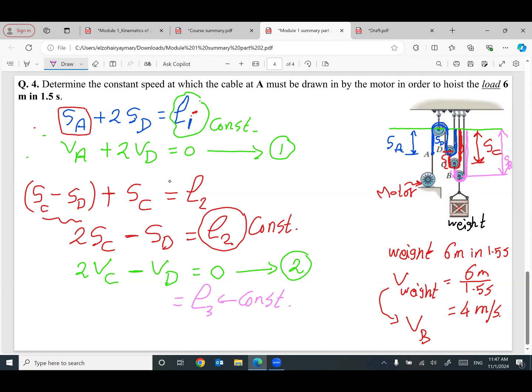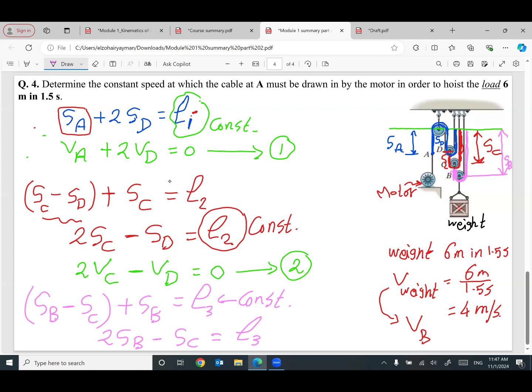So this little part from this side will equal SB minus SC. If you subtract SB minus SC, it will give you this little distance, plus SB from the other side will give you the total length of this pink cable. If you simplify this expression, 2SB minus SC equals L3.